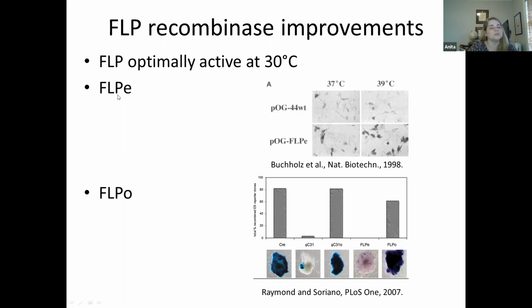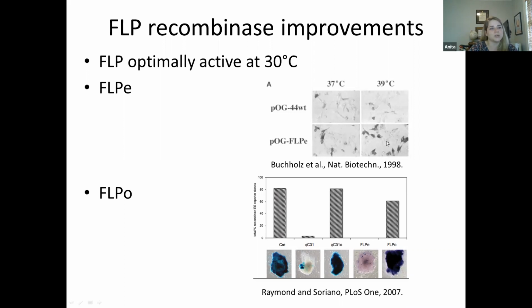So there were some improvements made on FLP. Basically the 8th generation, FLPe, made some improvements. They added some genetic elements. Compared to wild type FLP, which was not expressing very well, this is beta-gal expression that's dependent on FLP recombination. You can see that at 37 or 39 degrees, you get almost none.